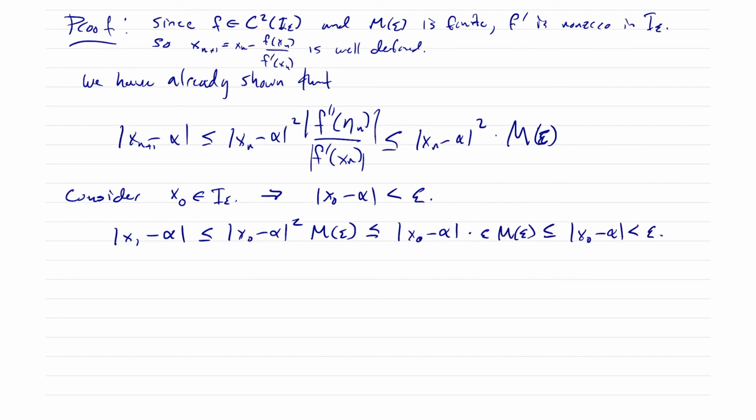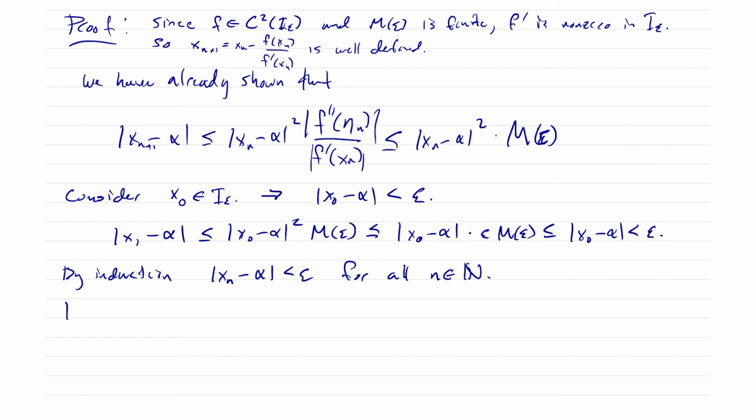And so then we see that by induction, we have that xn minus alpha is less than epsilon for all n. So as we keep iterating this, we are going to stay within this interval, and so we have that going for us.